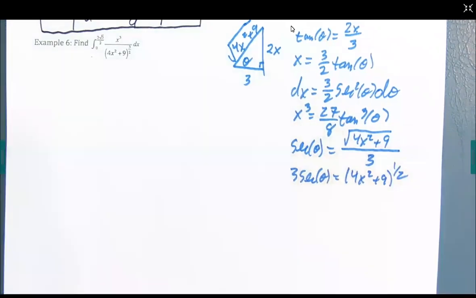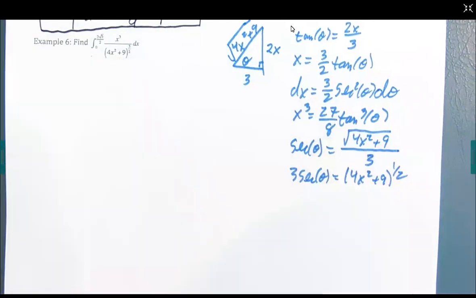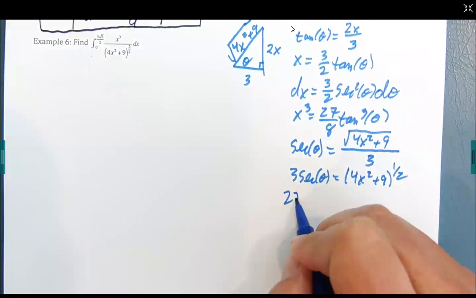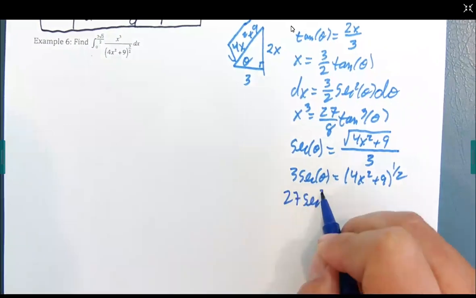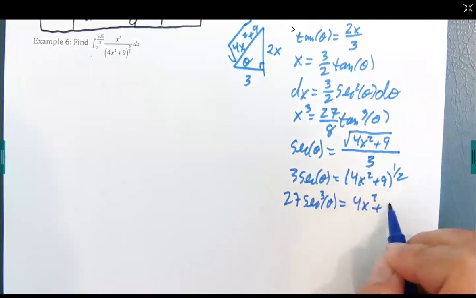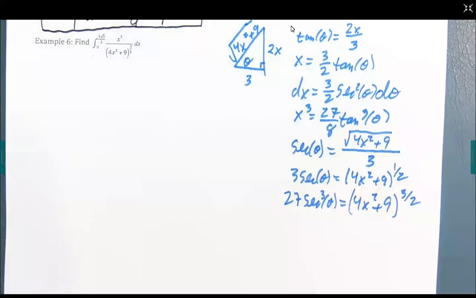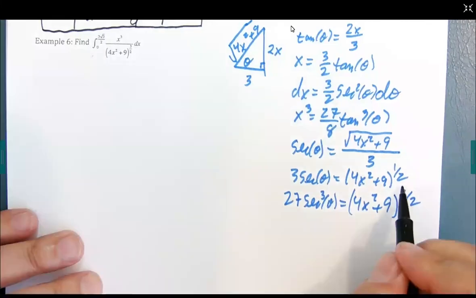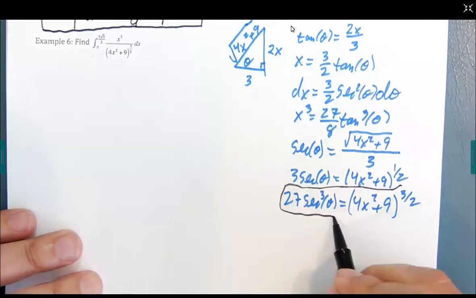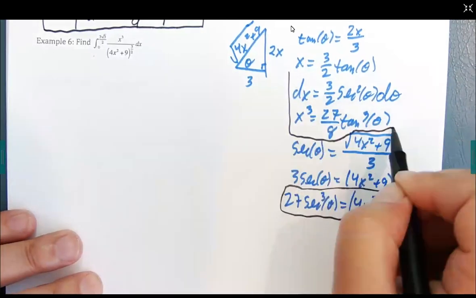And now what I'm going to do is I'm going to cube both sides, and that'll get me the 3/2 power like I need. And there are all the pieces that I need.